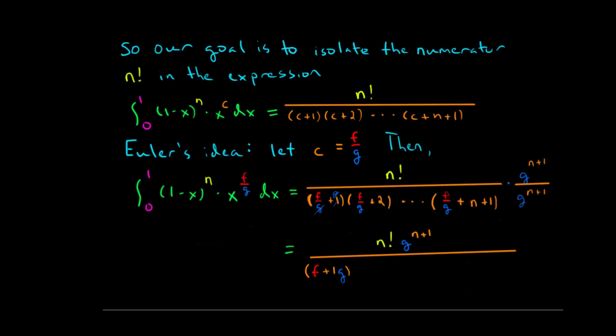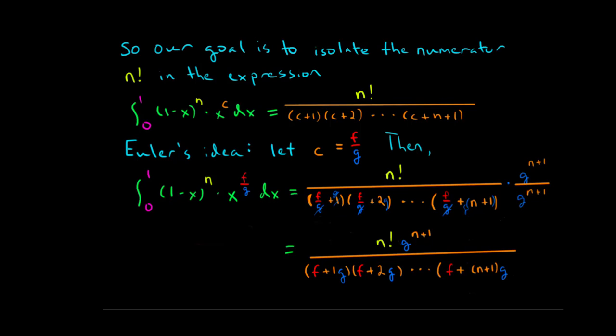The second term becomes f plus 2 times g. Each of these terms can be thought of as multiplying by a g, which then distributes, and it cancels the g in the first term in that binomial, which was f over g, and it multiplies the second term. So our last one will be f plus n plus 1 times g.